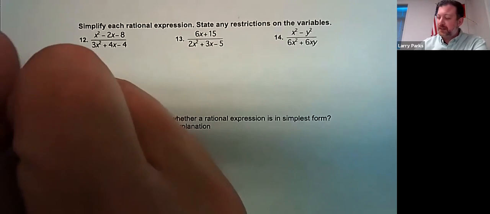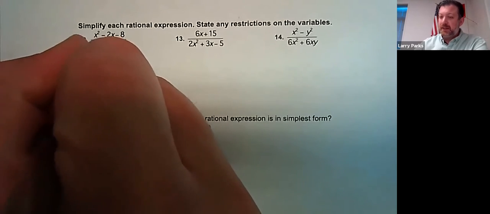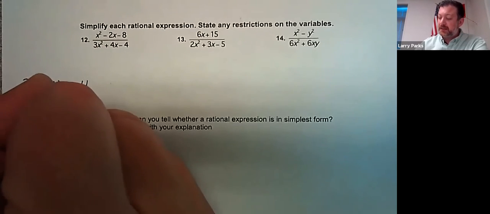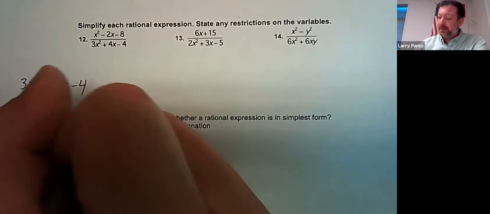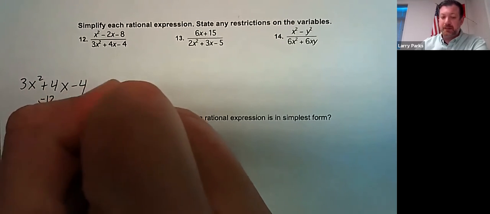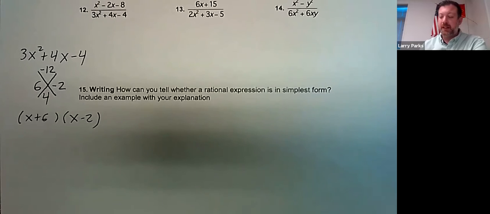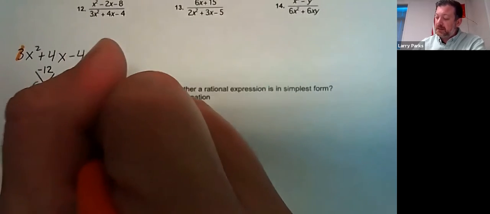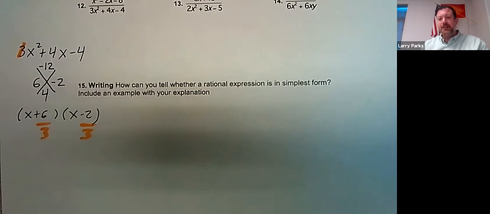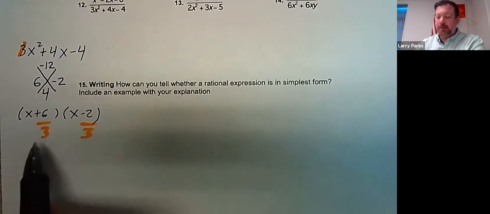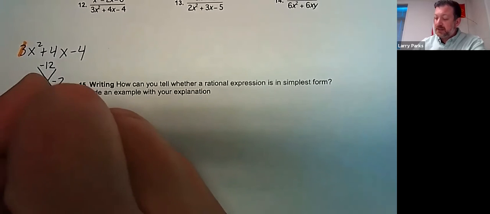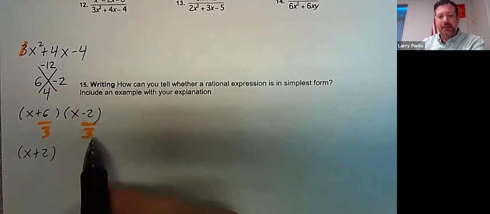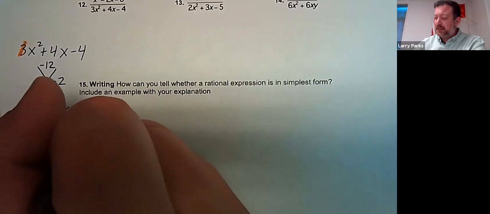That's 6 and negative 2. You then put x plus 6. You then put x minus 2. And then this is the only thing that's different, is you take this number and you divide both of these by that number. If it reduces, you reduce. If it doesn't reduce, you slide it to the front. 6 divided by 3 reduces. That's 2. 2/3 does not reduce. The 3 slides to the front, and you get 3x minus 2.